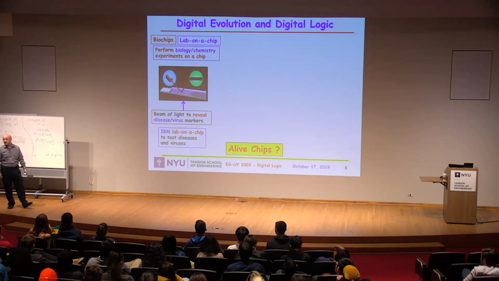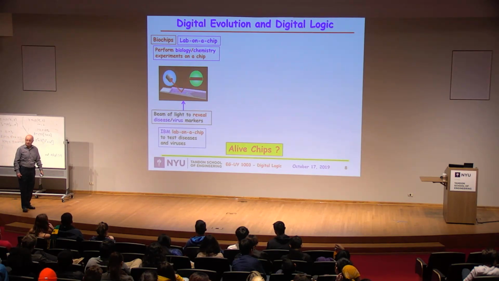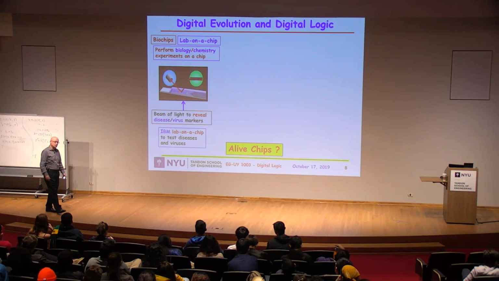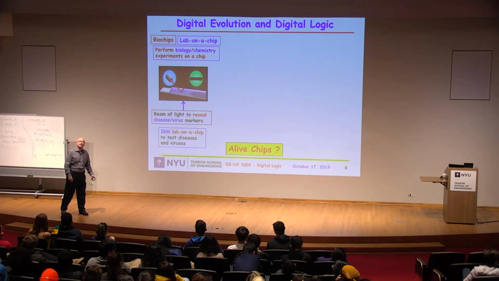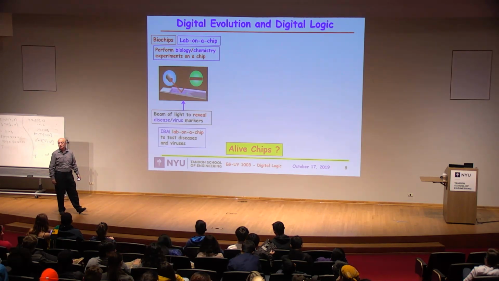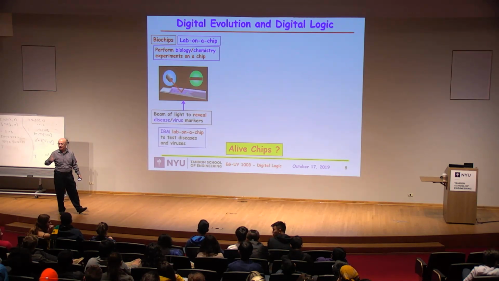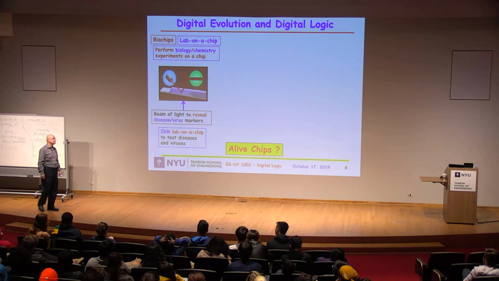They will be home doing the experiment at home by using these chips. We are going in that direction. But more importantly, you will not go to your doctor's office to get tested. These chips will be testing you, right? And they will be sending the result to your doctor, and your doctor will call you.